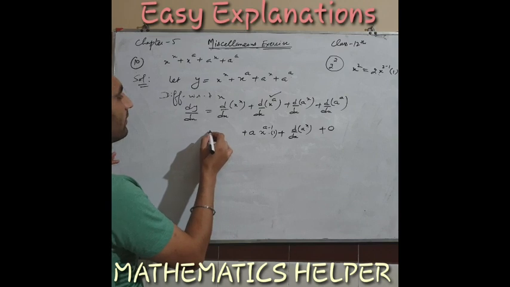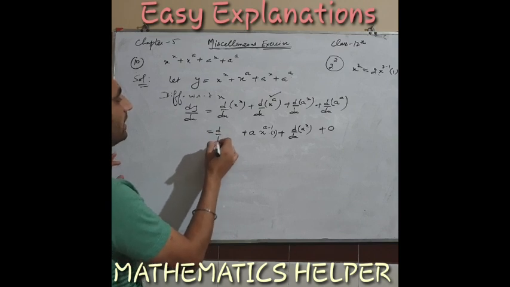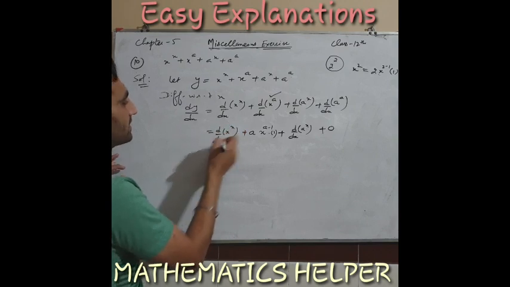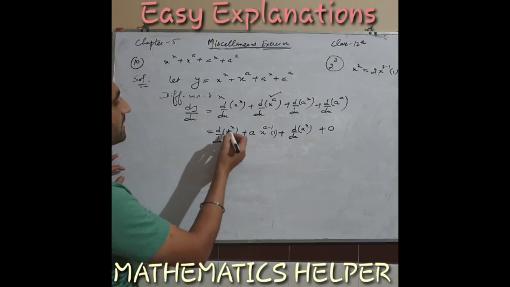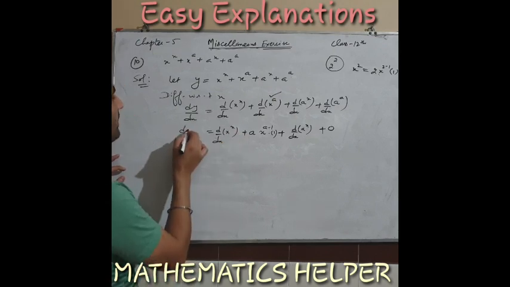Next, you can't find its derivative directly: d over dx of x raised to power x. It is a function in x and the power is also in x. So we have dy over dx equal to this value.